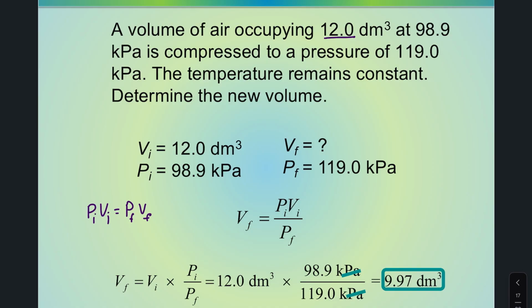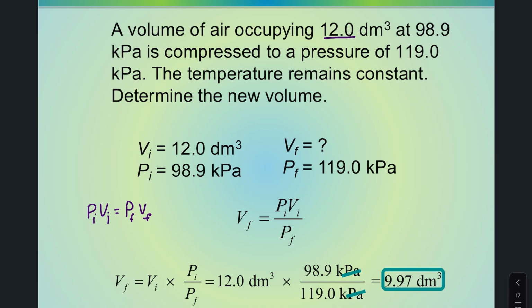Whatever pressure unit we have here is going to be divided by that pressure unit, and whatever volume unit we have here is going to be the same volume unit there, so there's no problem. But anyway, we have V1 being 12 decimeters, and our first pressure is 98.9 kilopascals.